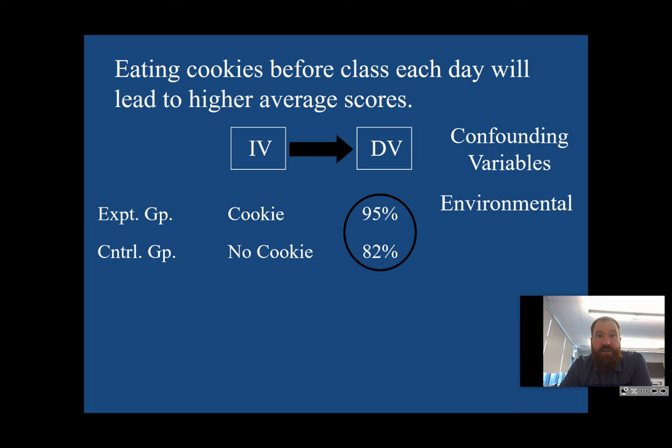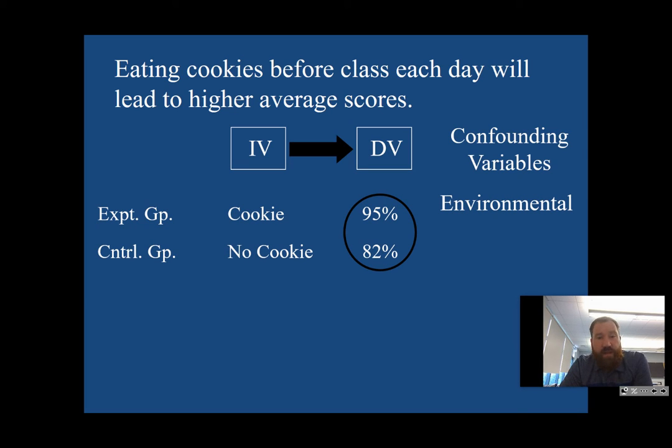We want to make the conditions as similar as possible because, remember, in order to show causation, we need to make sure that the independent variable is the only explanation that we could have for the change in the dependent variable. So if we get everything else similar, then we can accurately say that the IV changed the DV.